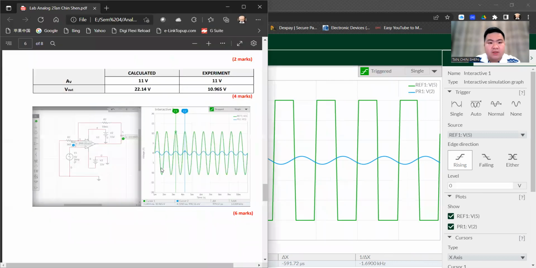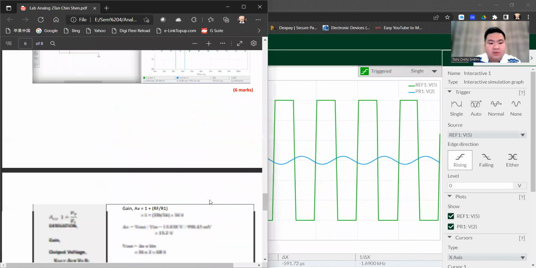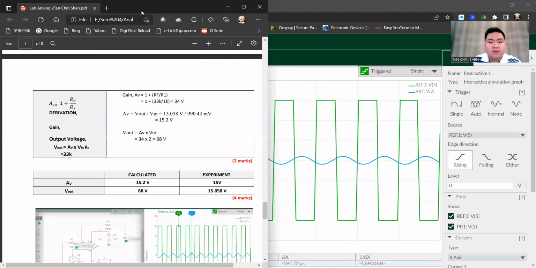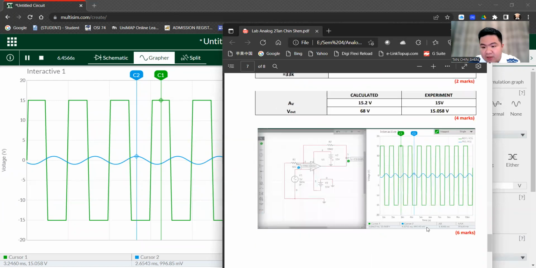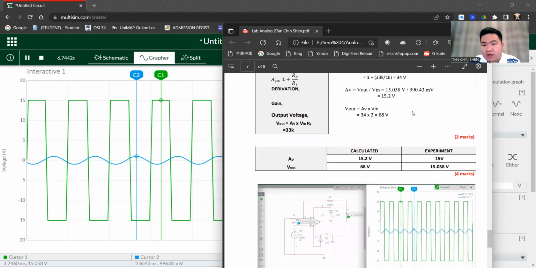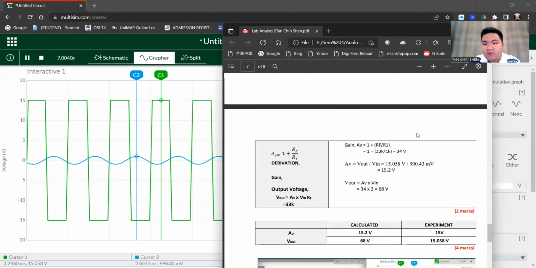I have recorded it here. For 32K, my V out is 15 watt, and my V in is 990 something. If I follow my previous lab, it's 990.43 milliwatt.